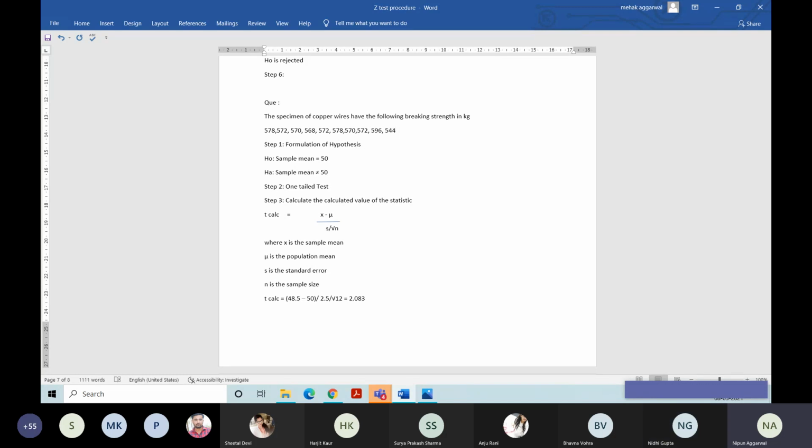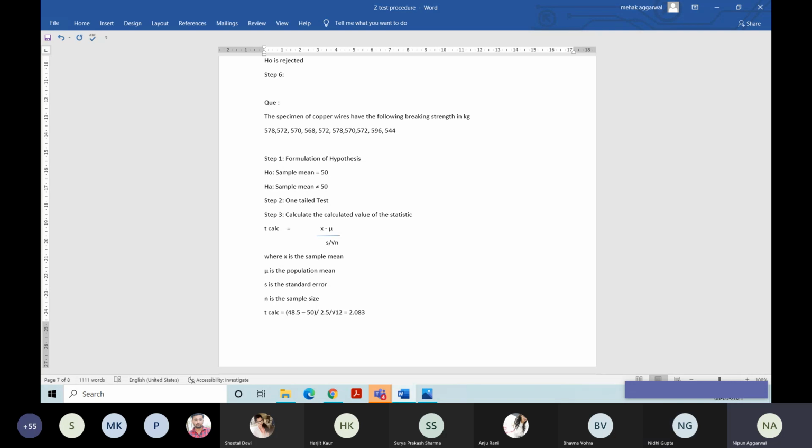This is the data given to you for the specimen of copper wire having the following breaking strength in kgs. So we have taken a sample of 1, 2, 3, 4, 5, 6, 7, 8, 9, 10, and they are given with the specimen weights of all the 10.